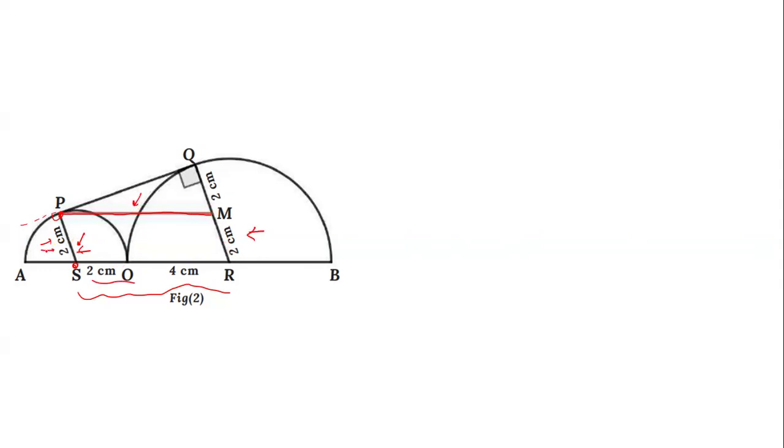This distance is 2 centimeters, this distance is also 2 centimeters, and the SR distance is 2 here and 4 here, so SR is 6 centimeters. So this PM distance is also 6 centimeters.